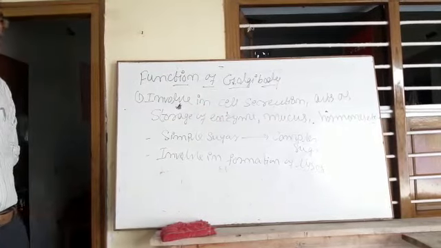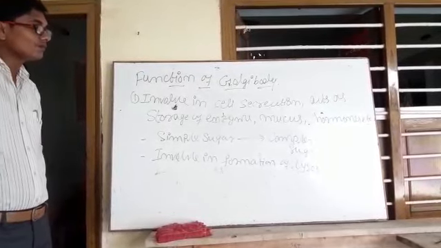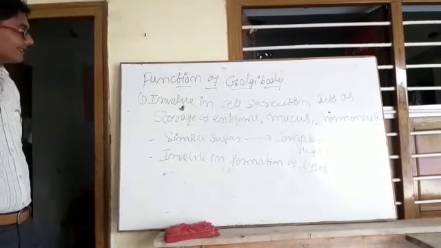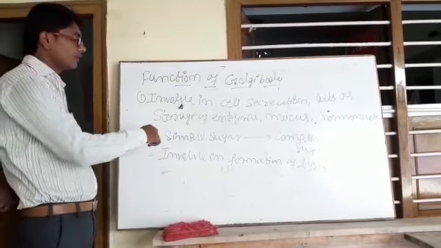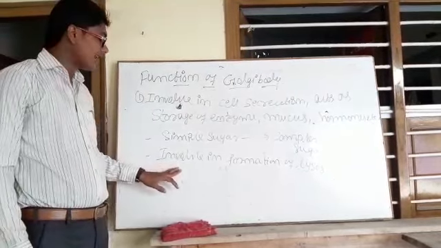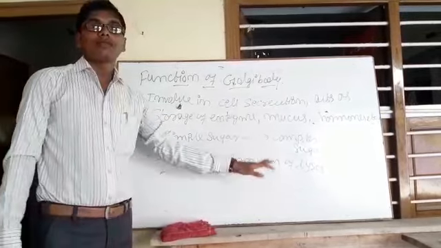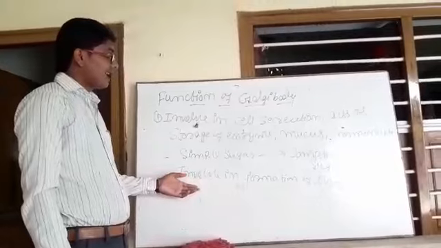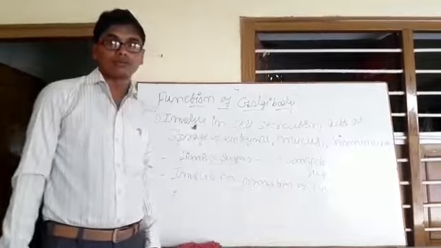And second, you take complex food material, that is carbohydrates, that sugar, and complex sugar is broken down into simple sugar. And third important function is that Golgi body is involved in formation of lysosome. So the Golgi body has a major function, formation of lysosome.